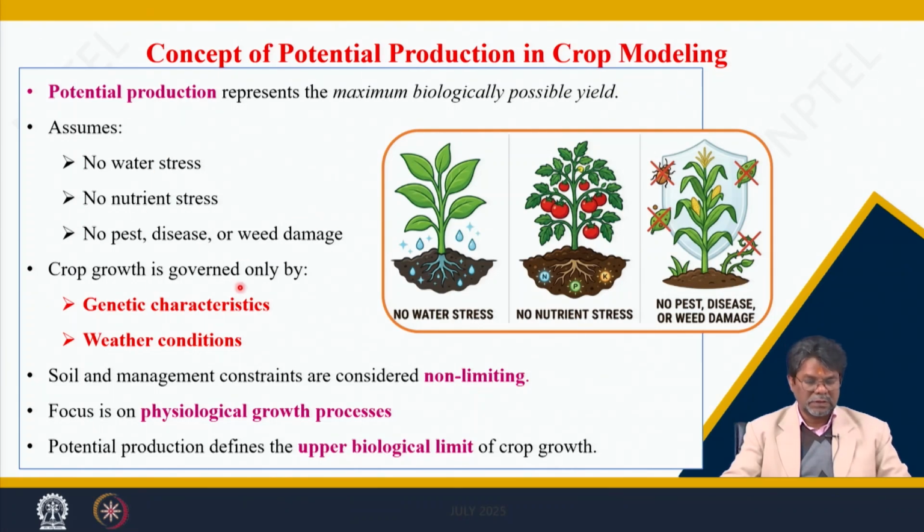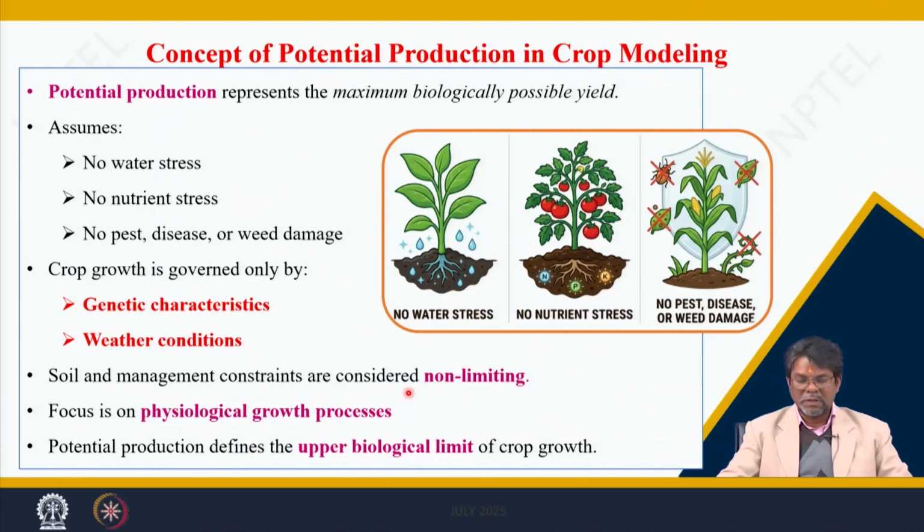So, these are the assumptions: no water stress, no nutrient stress, no pests and diseases, and yield is dependent upon the weather conditions and the genetic characteristics of the variety, because this is how we can exploit the maximum genetic potential of the variety in particular soil and atmospheric conditions for the potential production. So, we can get the maximum potential of the crops using the optimum weather parameters, where the soil and management constraints are considered non-limiting.